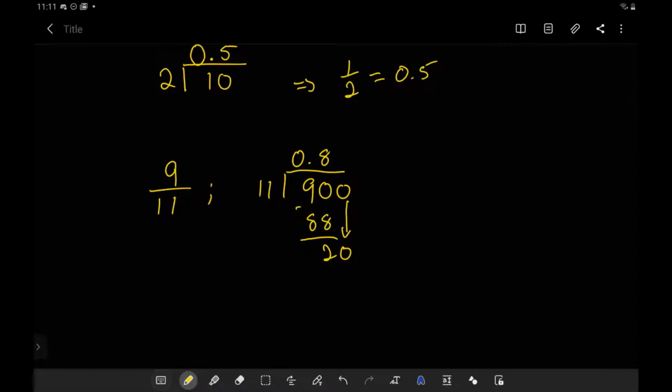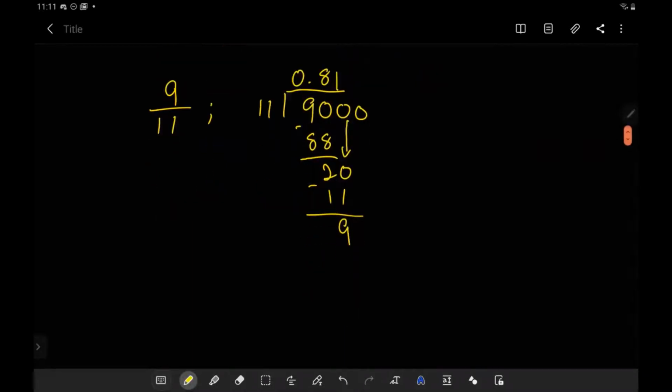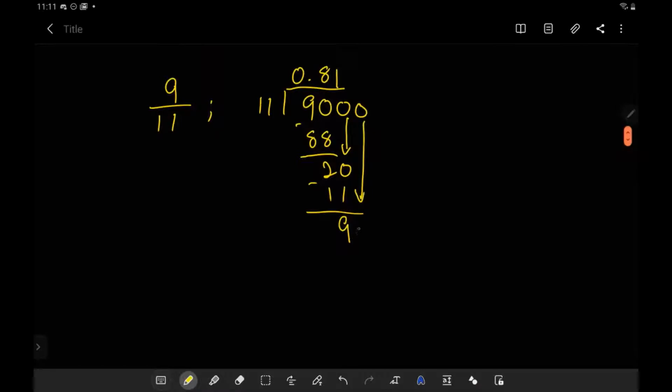Yes, it can go into it 1 time. So 1 times 11 is 11, and when we subtract, we get 9. We get a 0 here. Can 11 go into 90? Yes, 8 times.